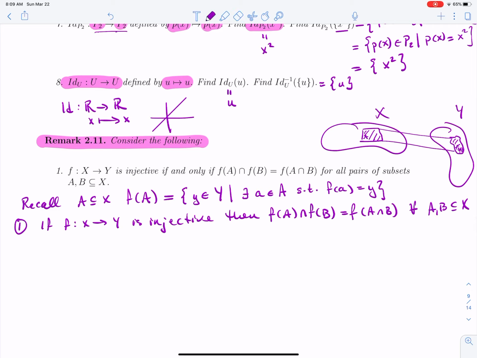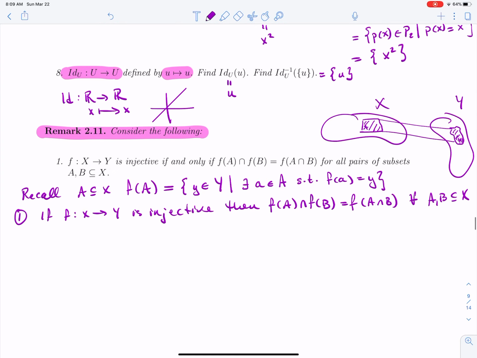All right, so right now we're just worrying about if f is injective. If f is injective, then we have to show this set equality. Remember that to show a set equality is to show two things. So let's just get started.